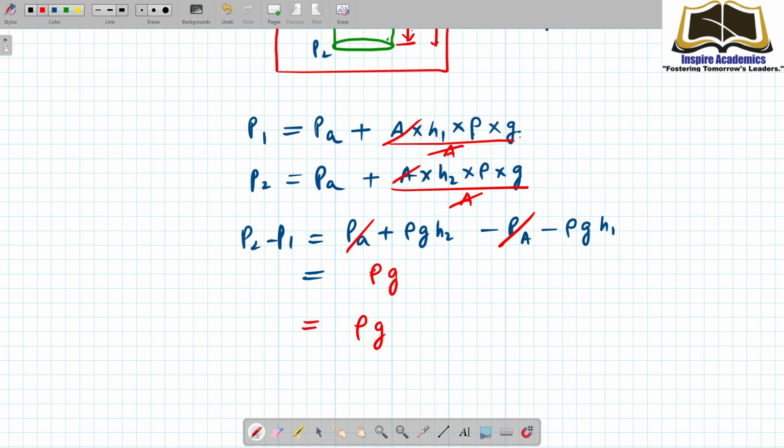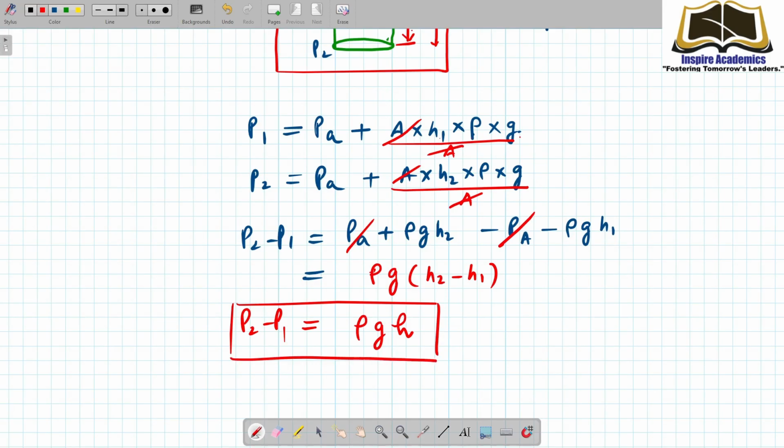We would say that it is rho g (H2 minus H1), which is rho g H. So difference of the pressure between the two points would be rho g H or rho H g, whichever way you want to call it. If there is any doubt, please ask. Tell me, have you understood it?